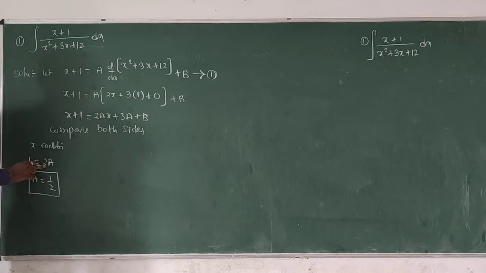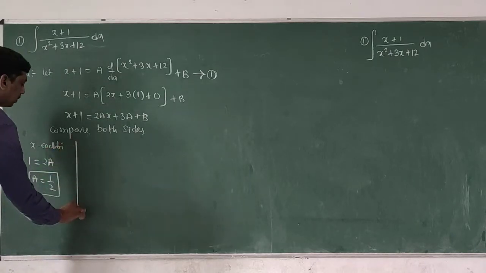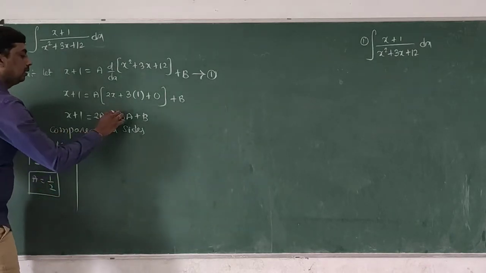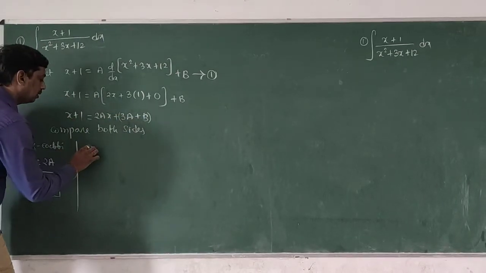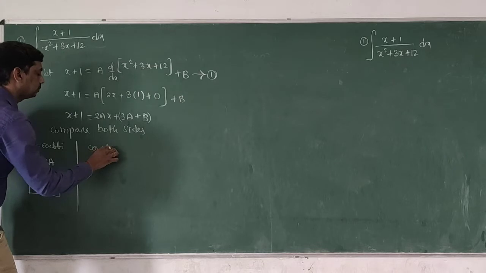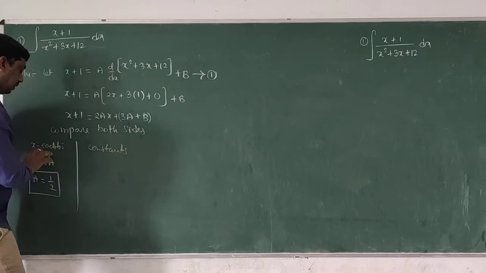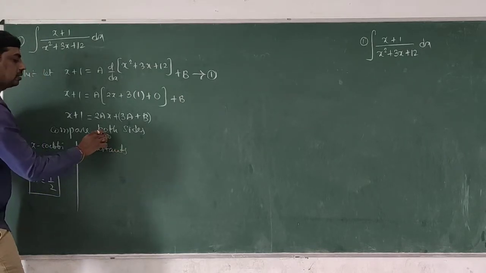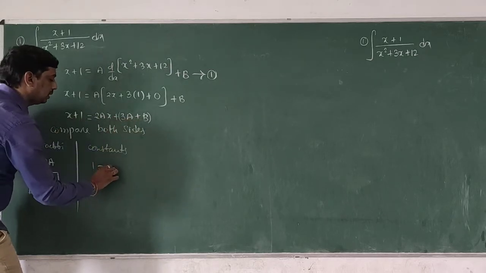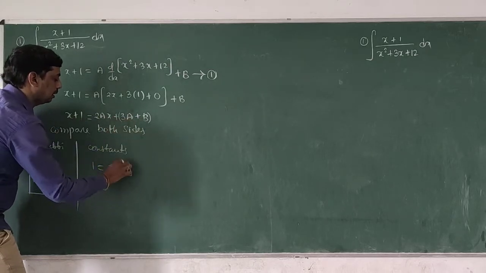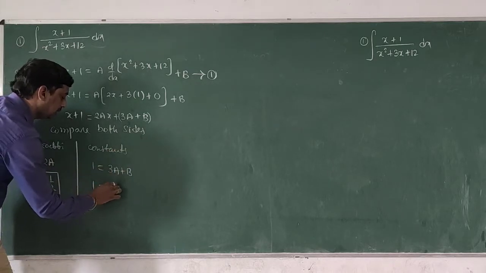Okay. Product 2 taken to the opposite side. After that, these two terms are constant. Here one is constant. Compare constants. Here x coefficients comparison, here constants comparison. Here 1 equal to constants 3a plus b. So 1 equal to 3 into a.